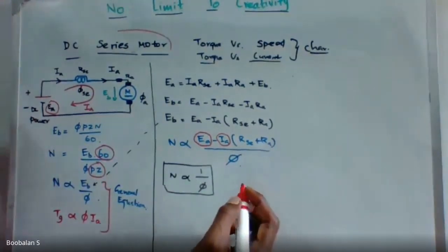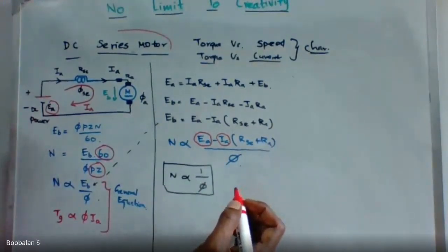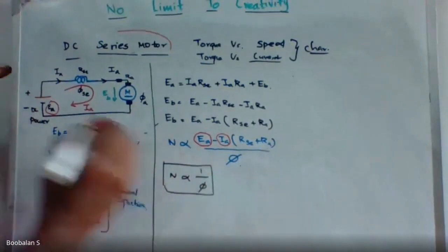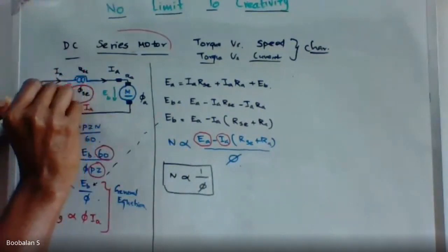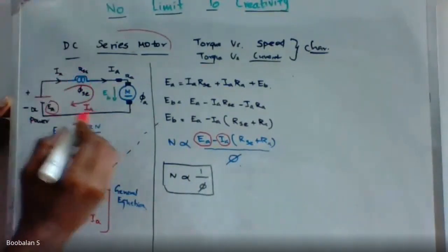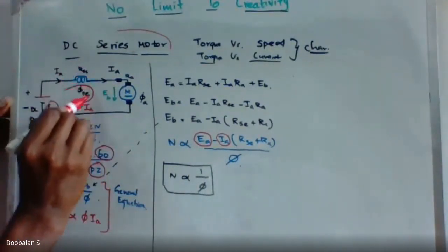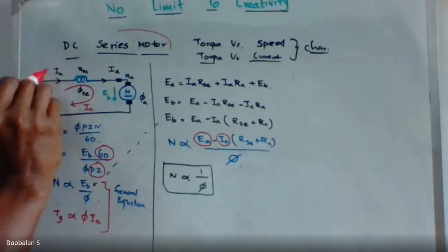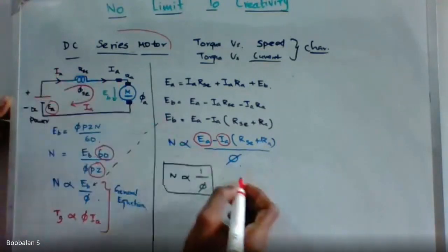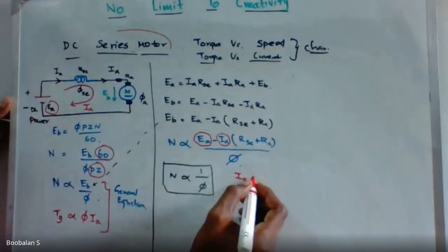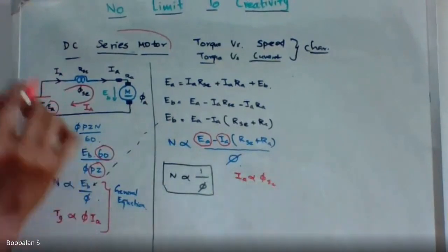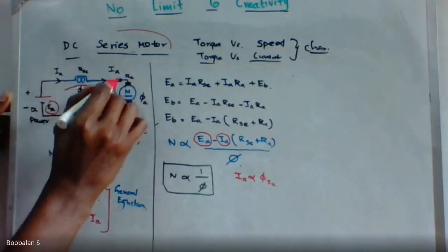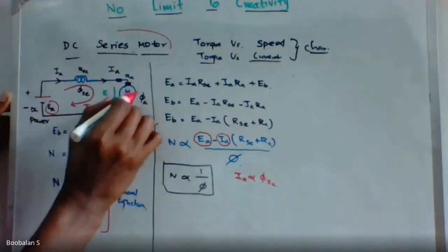Based upon this circuit connection, the IA current flows in this coil, so flux lines get introduced. Based upon this IA current only, phi SE is produced, so IA is directly proportional to phi SE. The same current is flowing through the armature, so it will also produce phi A.